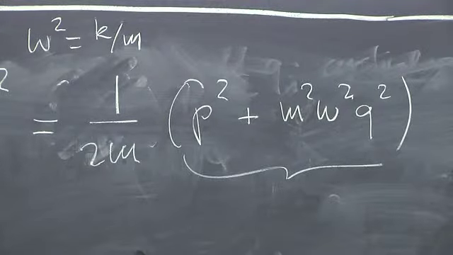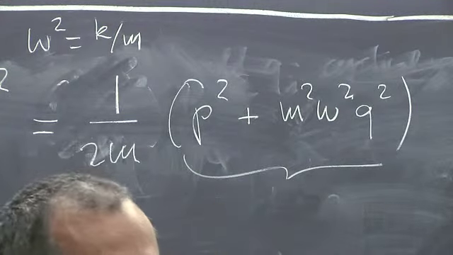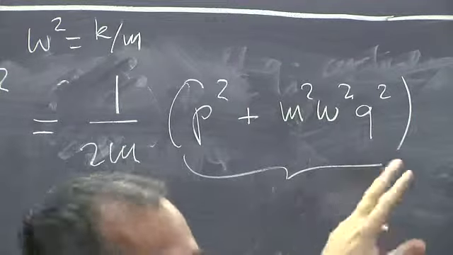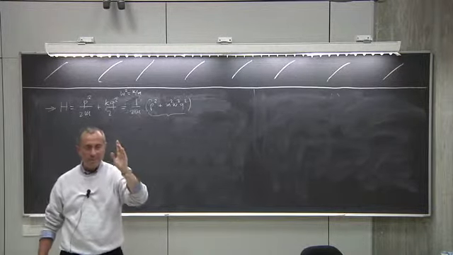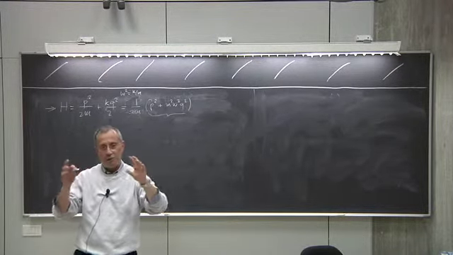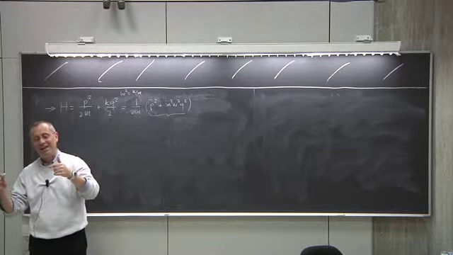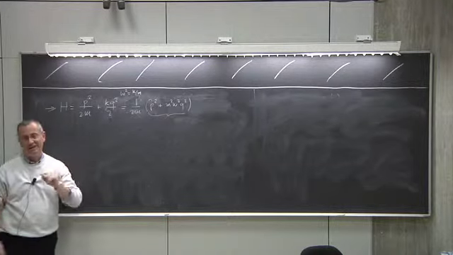But you see, here you have a sort of a hint. Because this is p squared plus q squared, and by now you should remember that if you have a square plus a square, and one is a sine and the other is a cosine, then sine squared plus cosine squared is 1. That's very good because it's a constant.